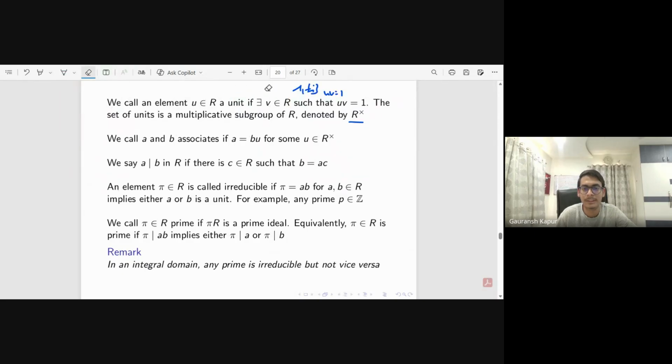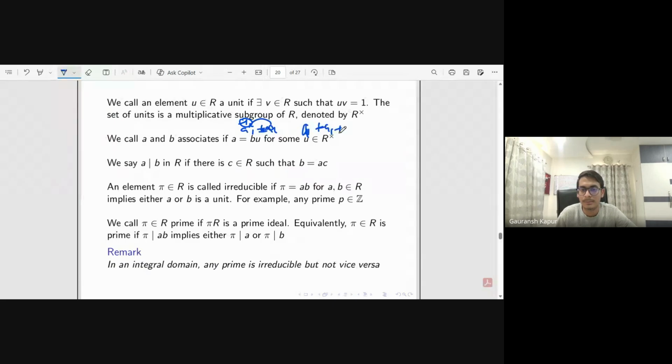And we call a, b associates if a is b times u for some u in R. So in Z, a and minus a are associates because they differ by minus 1. And in Z[i], a, minus a, and plus minus ai are all associates.